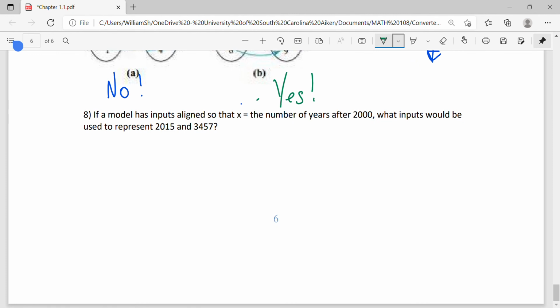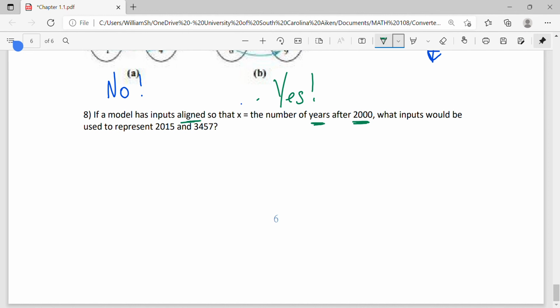Now, number 8, the very last one of this particular section, says if a model has inputs aligned so that x equals the number of years after 2000, we've got to align this data, and this is the point that I'm trying to get to here. What inputs will be used to represent 2015 and 3,457?